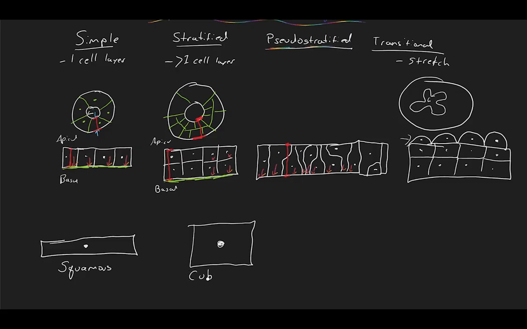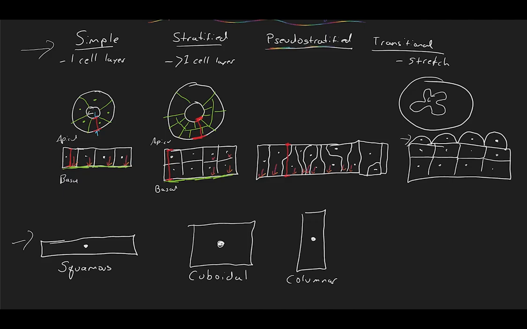They're cubed, so this is a cuboidal cell. Or they can be tall, and they can look like columns. And so this is what we call a columnar cell. So whenever we classify our epithelial tissue, we classify it based off of cell layers, and then we also classify it based off of cell shape.